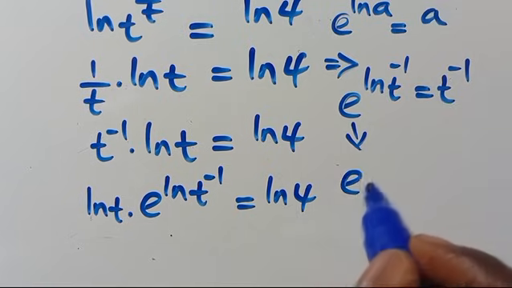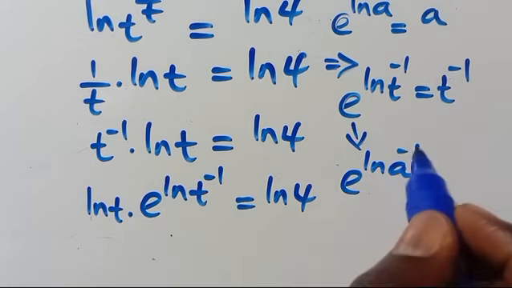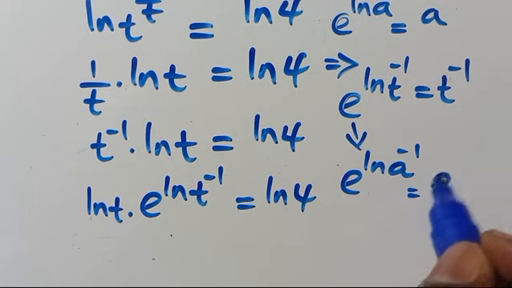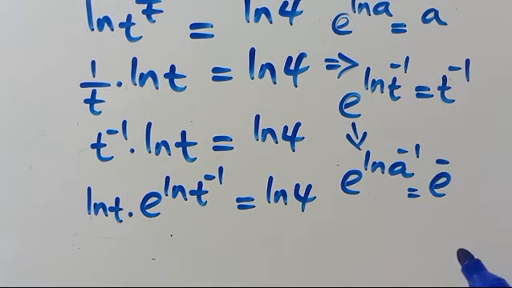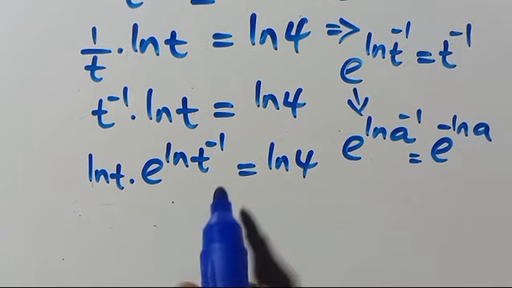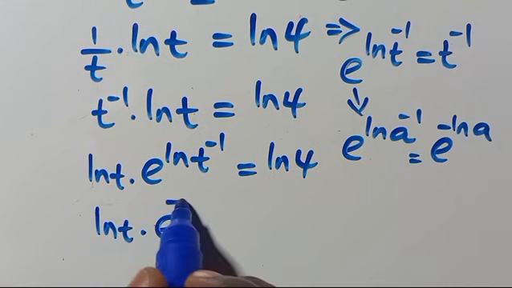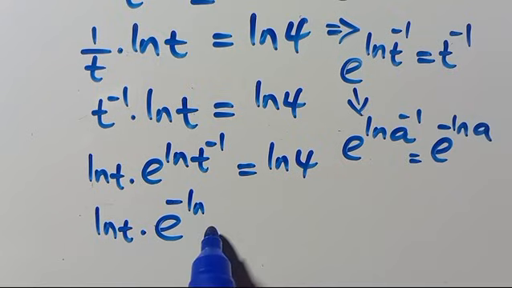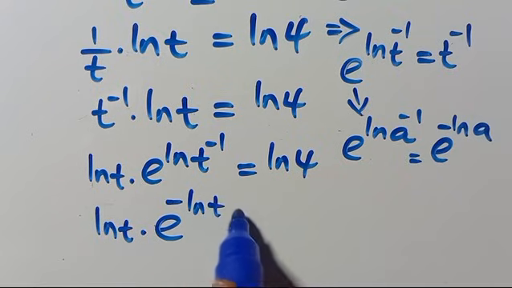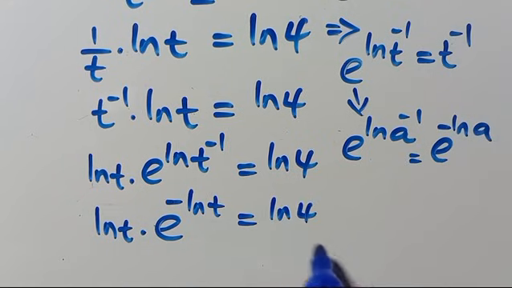Then e to the power of ln of a to the power of minus 1 equals e to the power of minus ln of a, as the minus comes down to the base. So we have ln of t times e to the power of minus ln of t equals ln of 4.